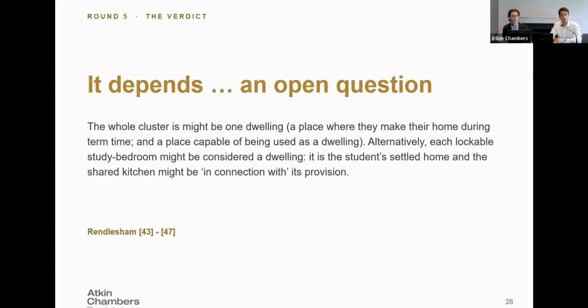Whether or not that supermarket is provided in connection with the dwellings is more difficult. In my view, it's probably unlikely, even if it's part of the same building fabric. But then it depends what exactly you're claiming for. Is the cladding across the entire building, including the supermarket, for example? That might be determinative.